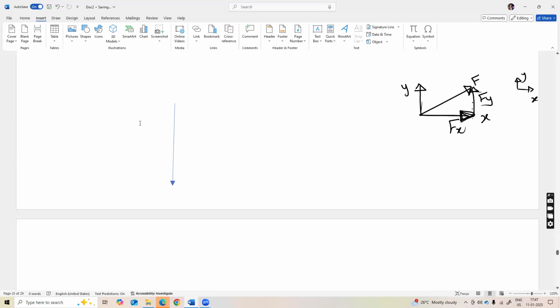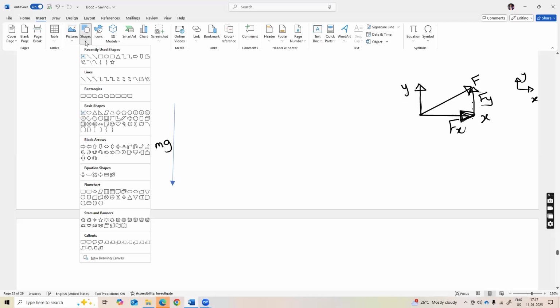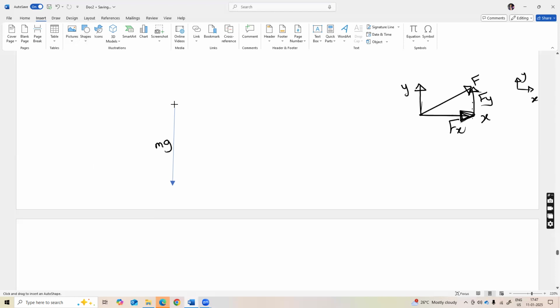Similarly, your actual force here is mg. Let's say this is mg, and you are finding its component along some direction.